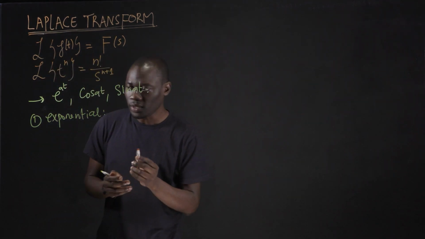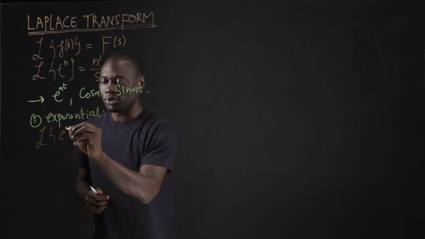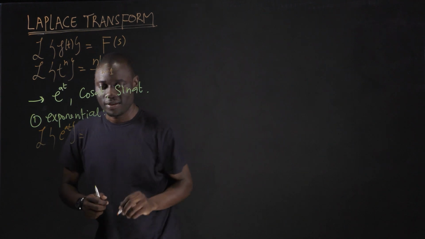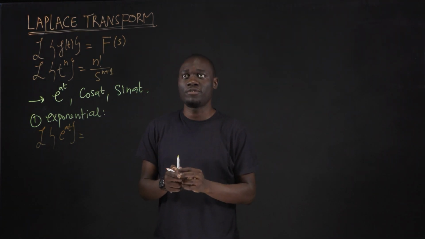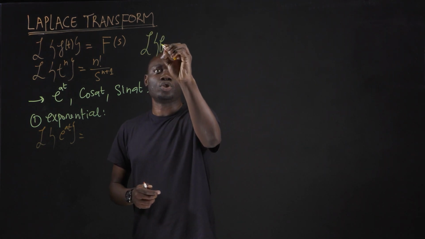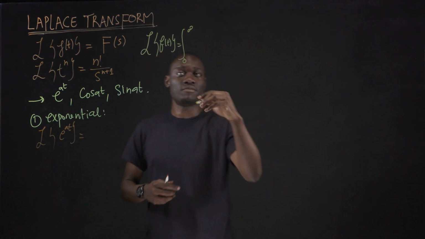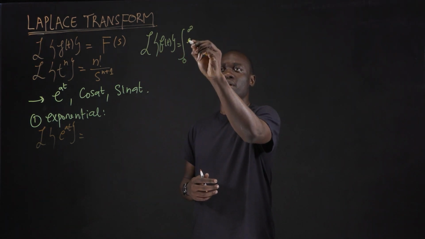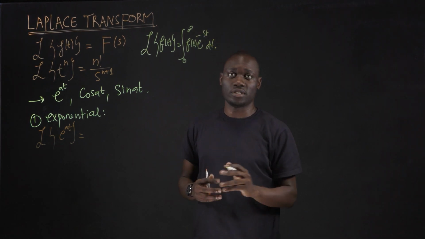So, the Laplace transform of exponential at, using the definition. If you remember, we said that the Laplace transform of a function f of t equals the integral from 0 to infinity of f of t times exponential minus st dt.